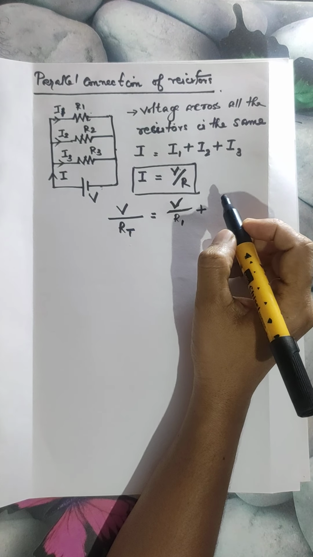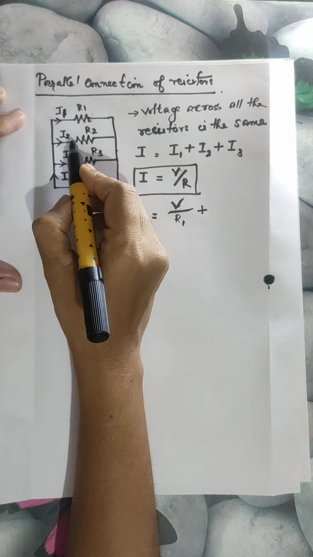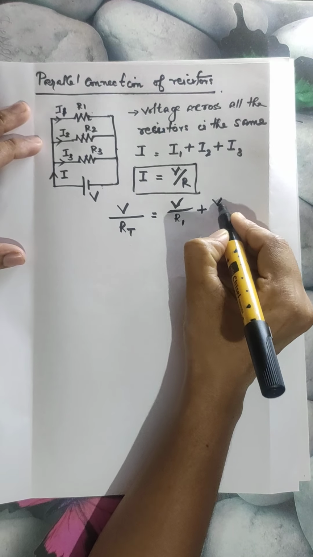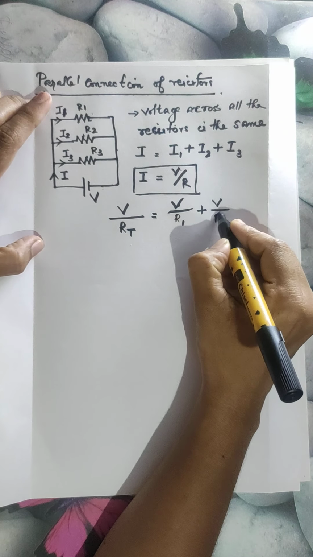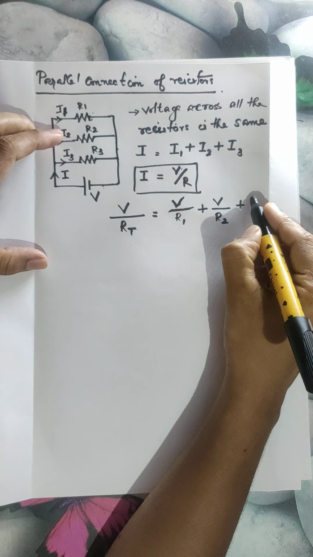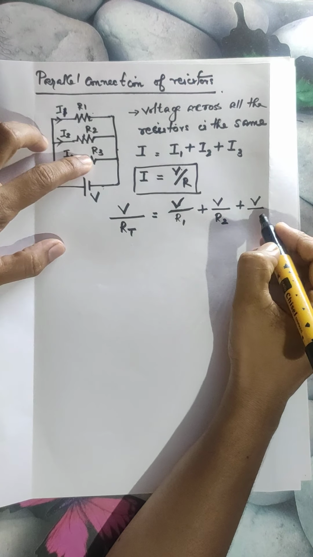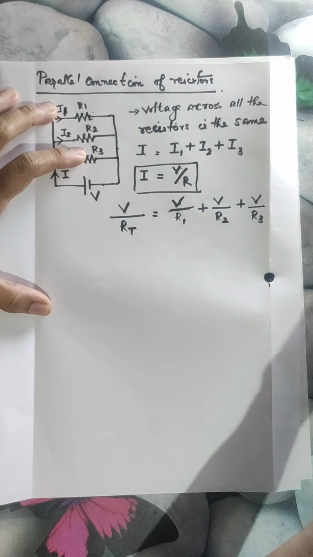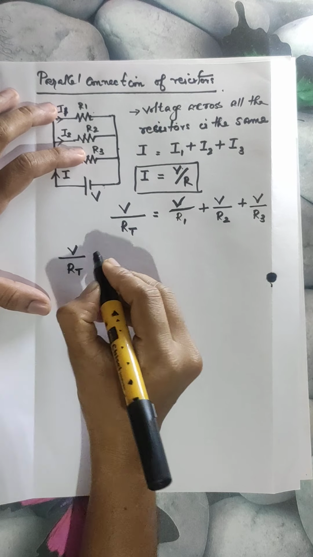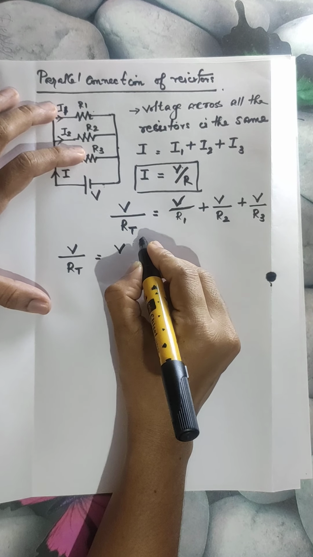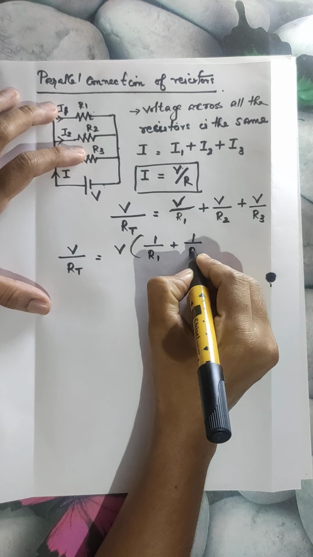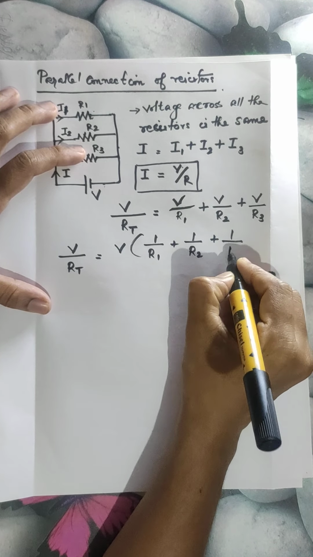Then I2 is the current flowing through R2. So voltage across R2, that is V divided by resistance, that is R2. Similarly, I3 is voltage across R3, that is V divided by resistance, that is R3. So this can be written as V divided by RT is equal to, taking V common outside, V into 1 by R1 plus 1 by R2 plus 1 by R3.